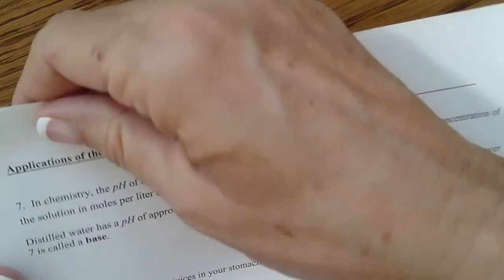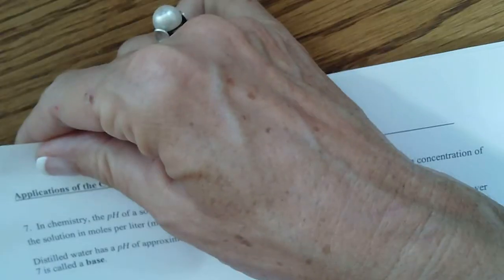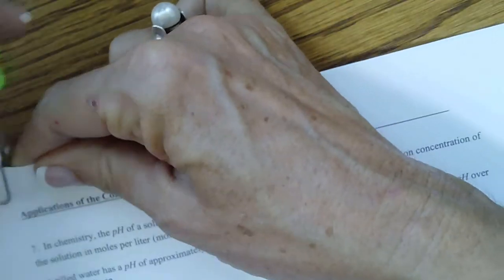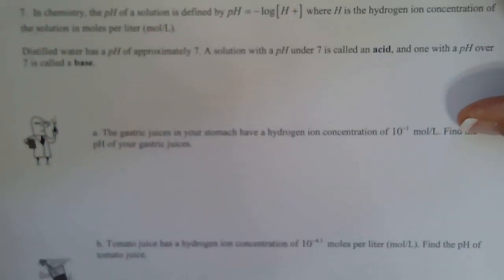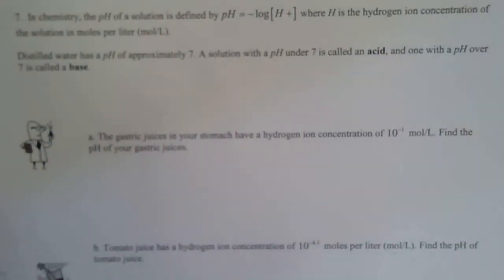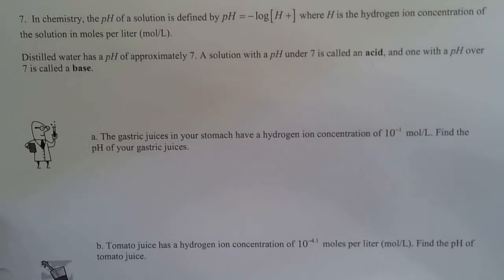So logarithms are used in a lot of different things in the real world. Decibels, like if I was going to measure the decibels of a concert, I use logarithms. If I'm going to measure the pH of something in chemistry, I use logarithms. What else uses it? Carbon dating, I think.